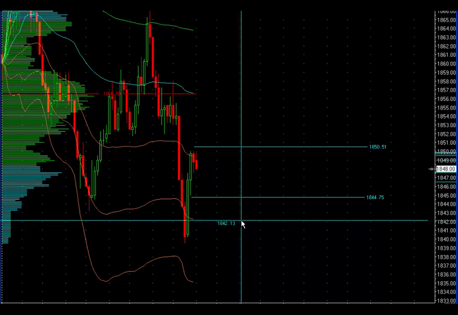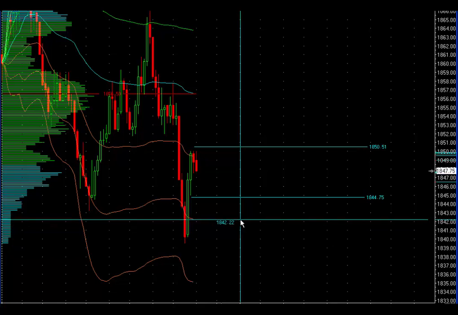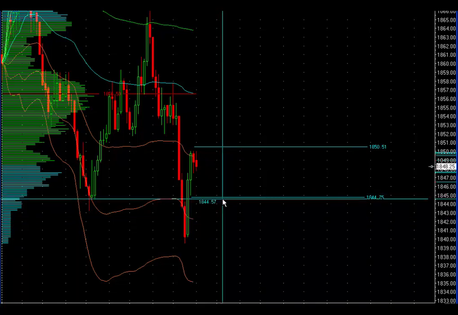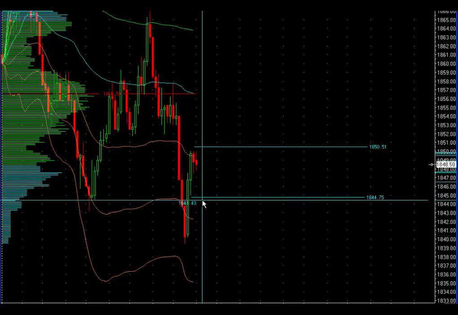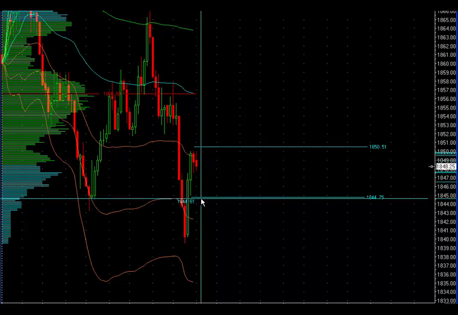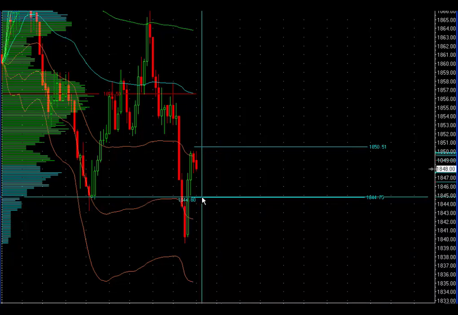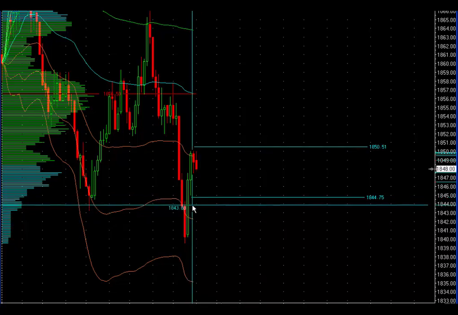Market looks like it's going to head back down again. So we will look for a trade down here at 844.75. That would be using the Shapiro effect on this up bar.